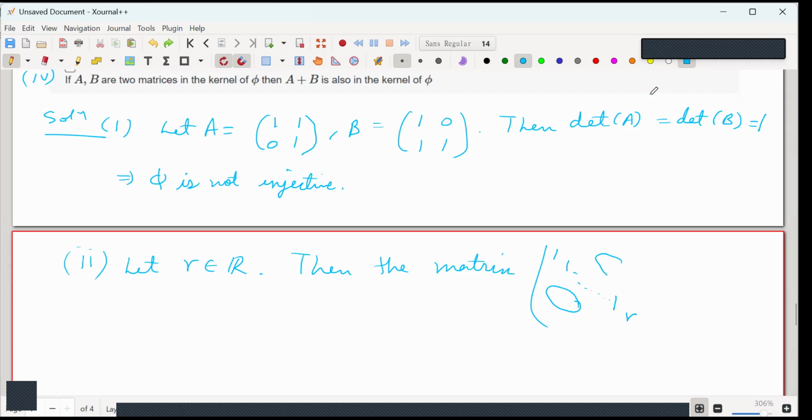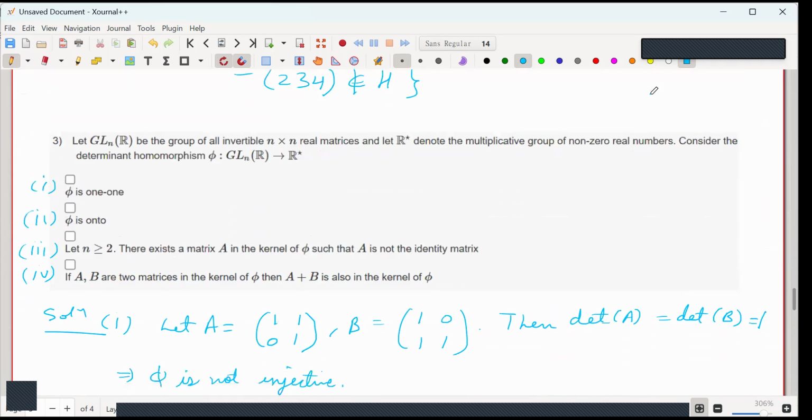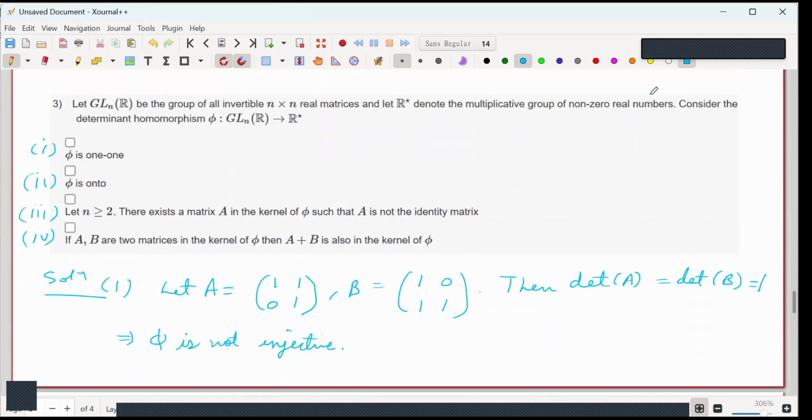Very bad in drawing. So this matrix has determinant R, right? Yes, sir, because it's a diagonal matrix. So determinant of a diagonal matrix is just the product of entries, which is R, right? Yes, sir. So this is onto.